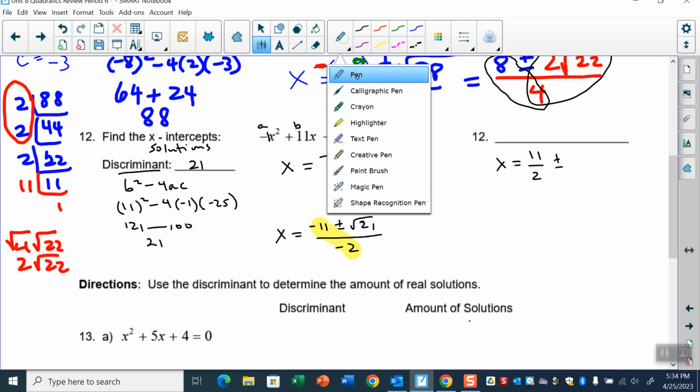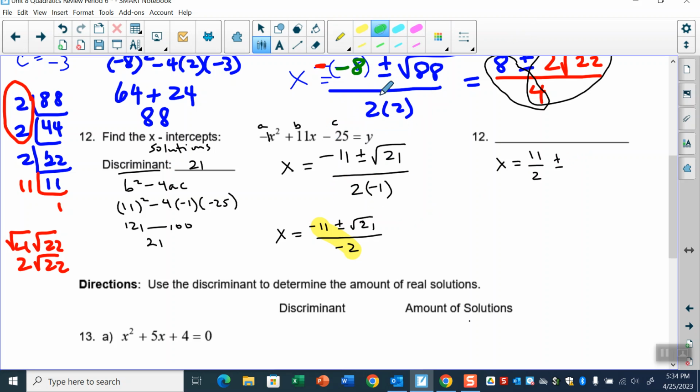And then if I look at this part right here, this is plus or minus, so the sign is going to be positive and negative. So square root of 21 divided by 2. Okay, so you could split it up like that, or write it all in one thing like this.